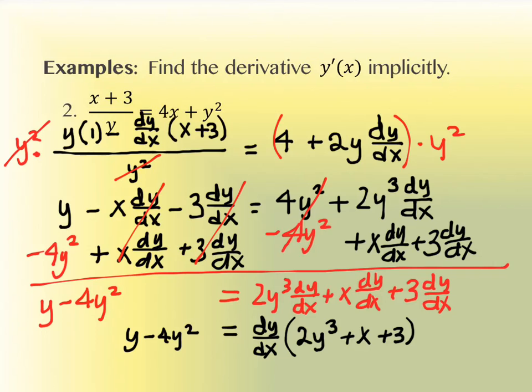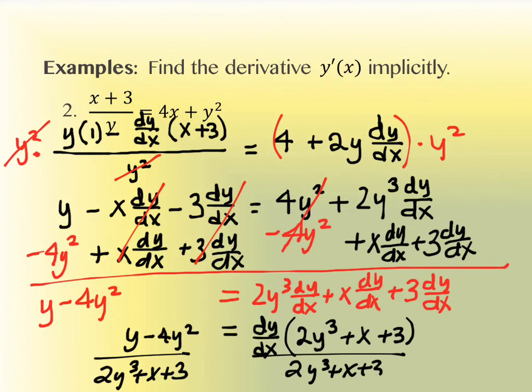Yeah. So the part that we just factored out to put in the parentheses, we can divide that to the other side. So this 2y cubed plus x plus 3 can be divided on both sides. And that actually solves for dy/dx.